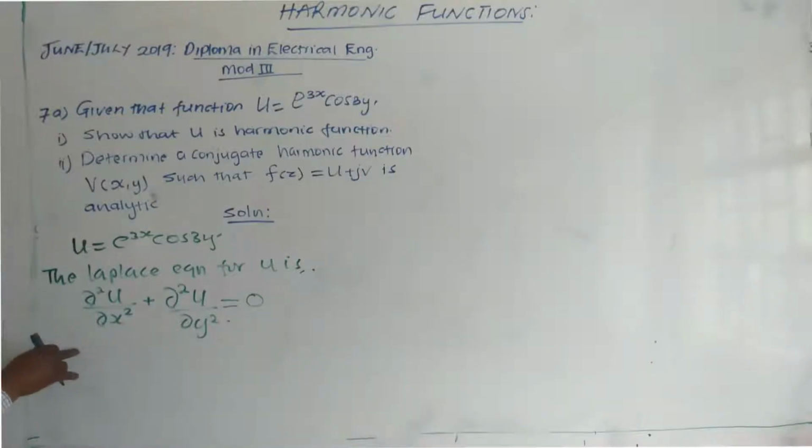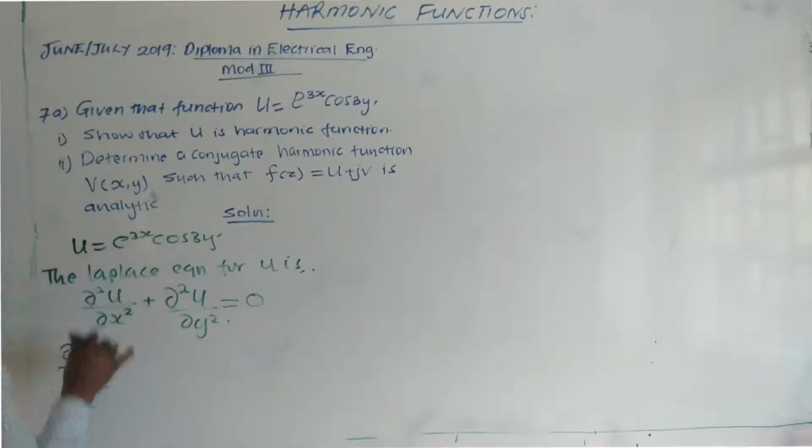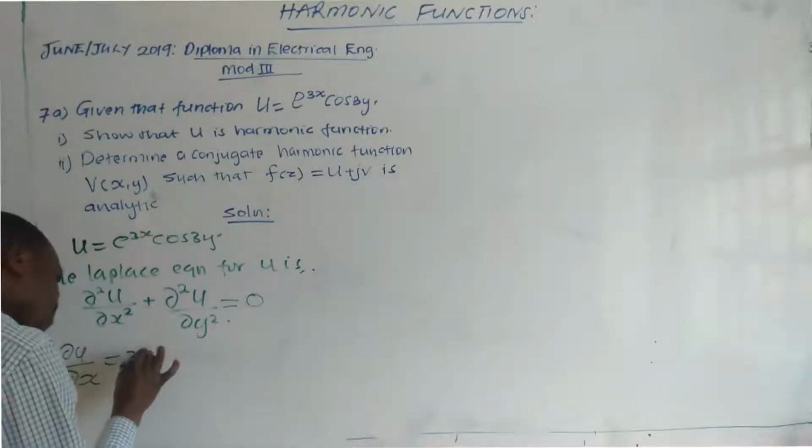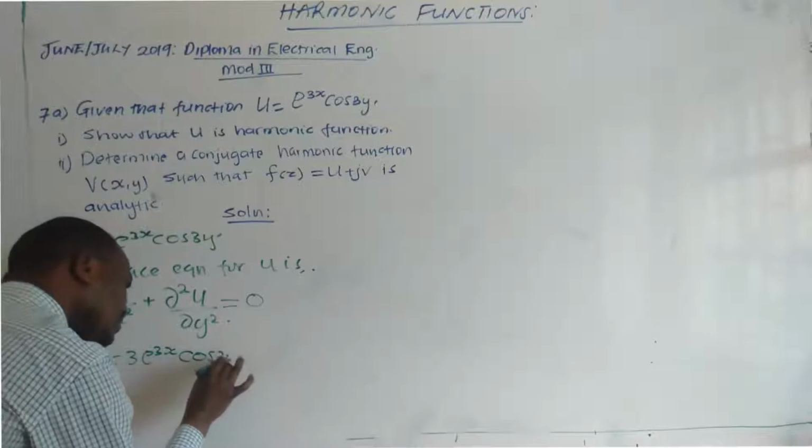Now we need to find the two second order partial derivatives. We first start by finding the first order partial derivative of u with respect to x. Differentiate this with respect to x, it will be 3 exponential 3x cos of 3y.